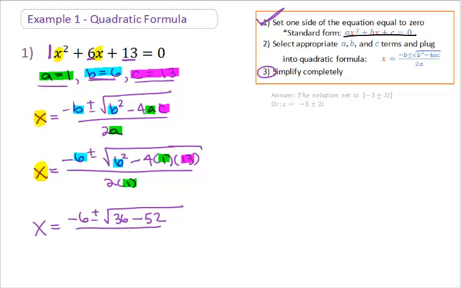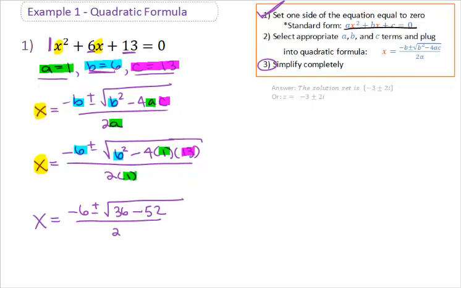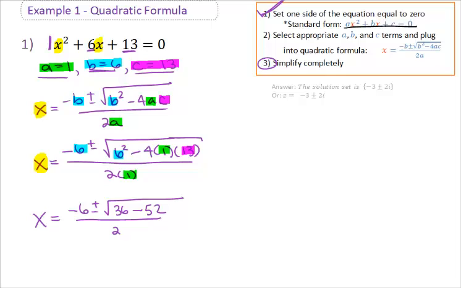And then that is all over 2 times 1, which gives me 2. Okay, so just simplifying a little more, I have x is equal to negative 6 plus or minus square root 36 minus 52 simplifies to negative 16, and then that is all over 2 still.